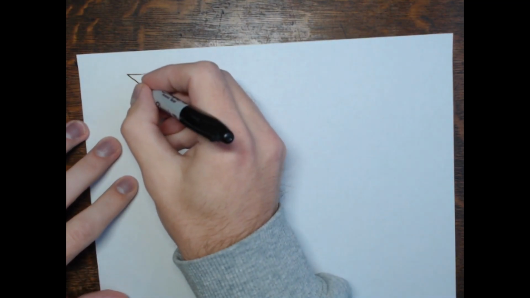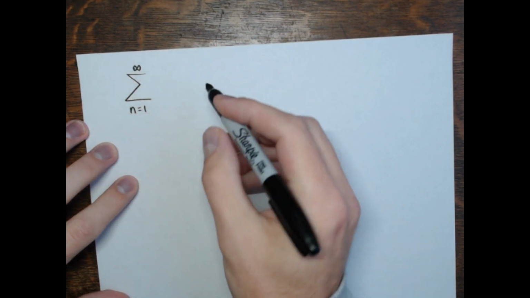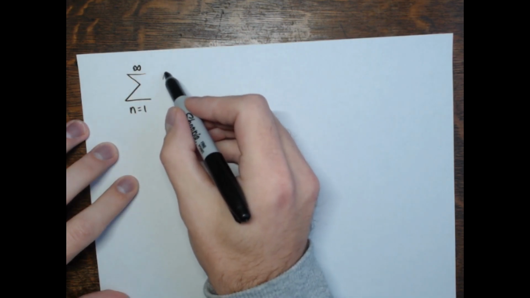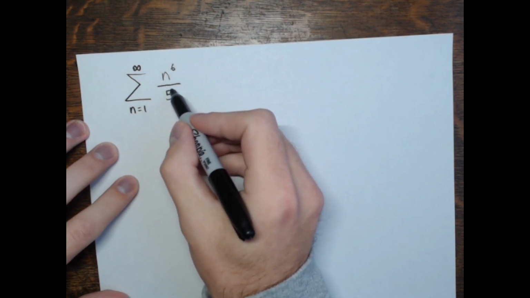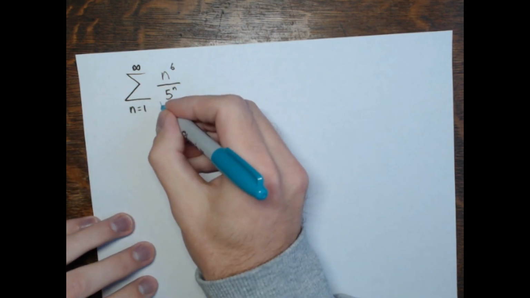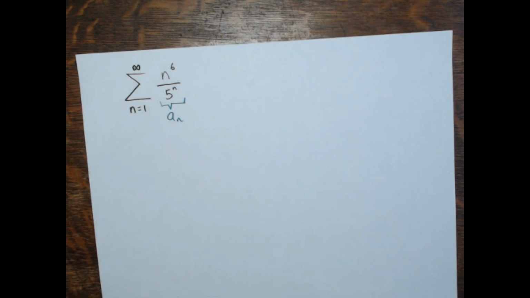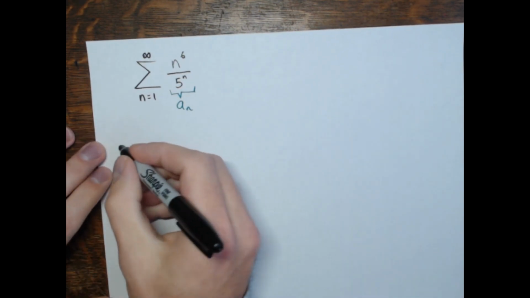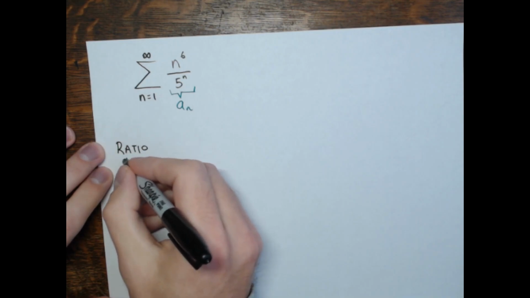So we're given this sum from 1 to infinity of n to the 6th divided by 5 to the nth. Right, so here's the a sub n, these terms that we're adding up. And I'm asked to apply the ratio test again.